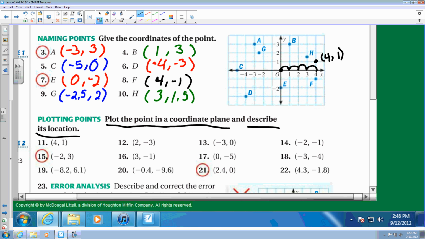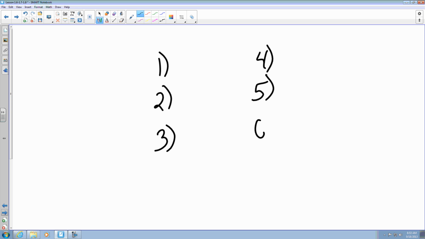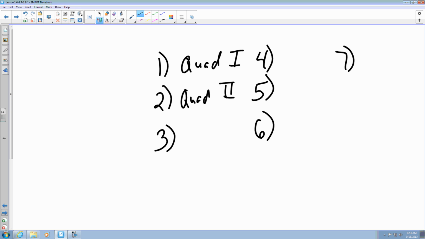Describing its location can be 7 different things. It can either be in quadrant 1, quadrant 2, quadrant 3, quadrant 4.